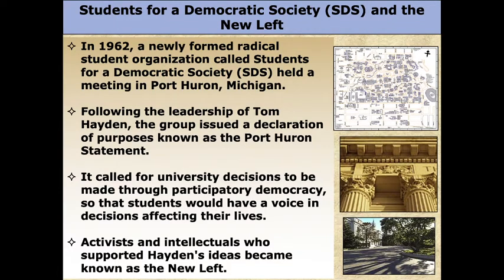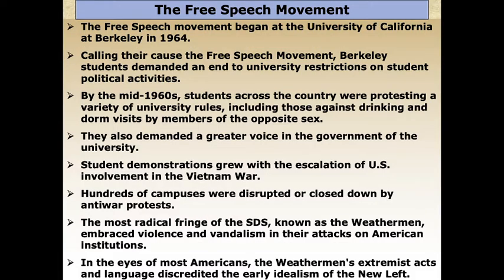Now, the New Left is going to push for free speech at college campuses. So this is where the free speech movement begins. The University of California at Berkeley is like the hot spot for this, for sure. The students at Berkeley are going to demand that the university end restrictions on student political activities.